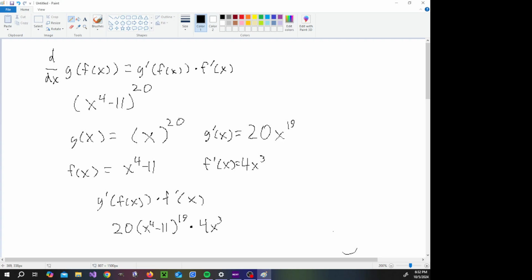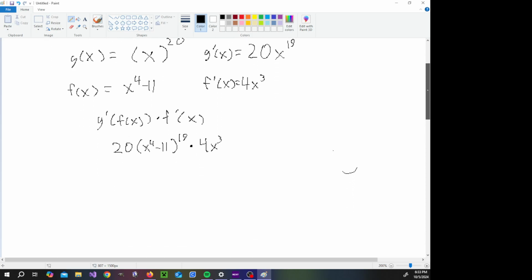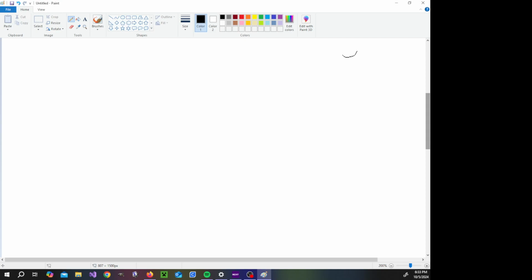Now, there are some functions where instead of just one layer of the chain rule, there are going to be multiple layers. So let's say I have something like h of g of f. Well, if we want to take this derivative, recognize the outside layer is h, right? So h of x is the big outside function, and its derivative we would call h prime.